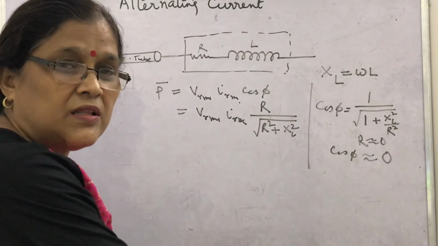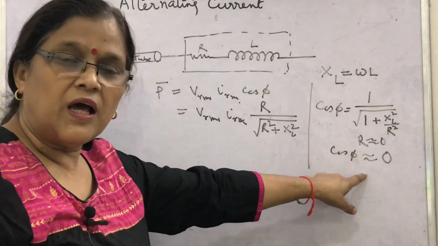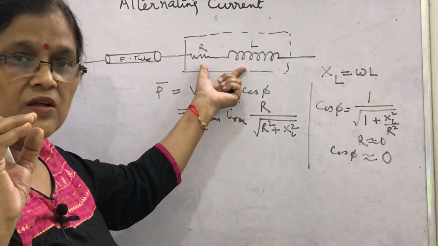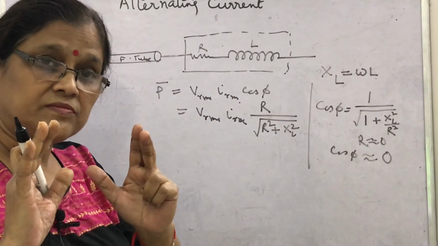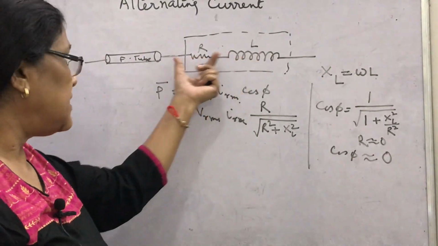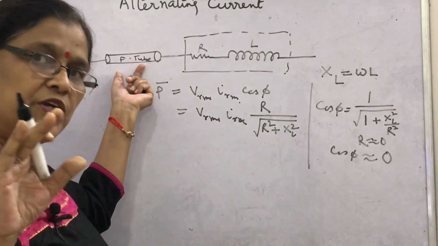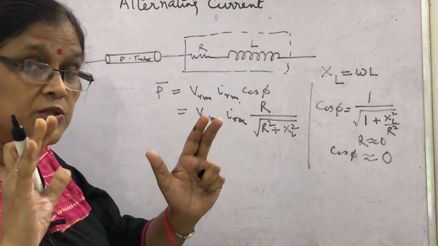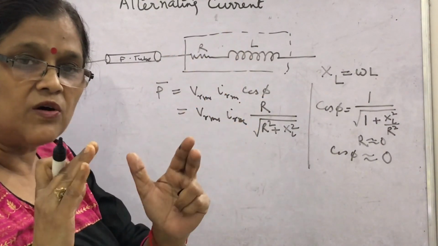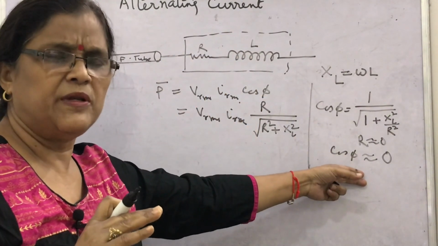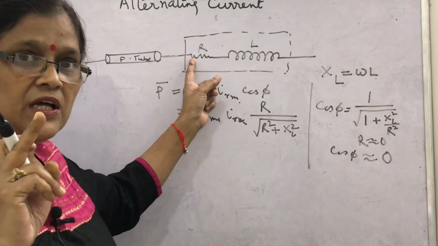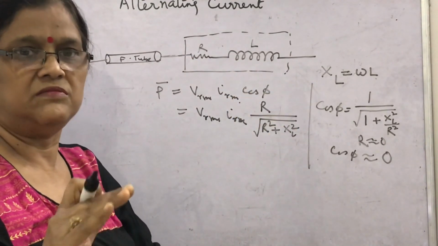What does it mean? That cos phi will have negligible value, that is, little power wastage. Our purpose is fulfilled. This will have a potential drop across it, so the less potential required by the fluorescent tube is fulfilled. Also, by connecting this circuit there is little power loss, almost negligible, not equal to 0 but negligible. If you connect only the resistance, there was huge power loss.